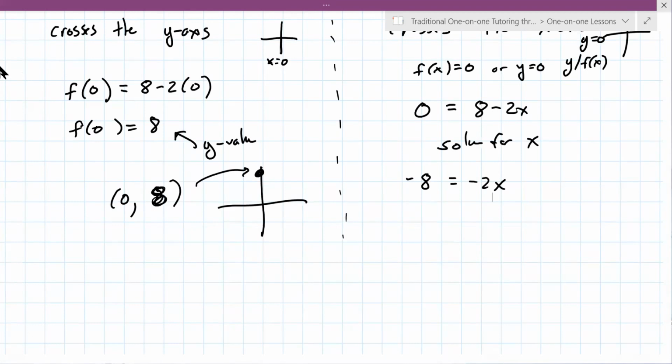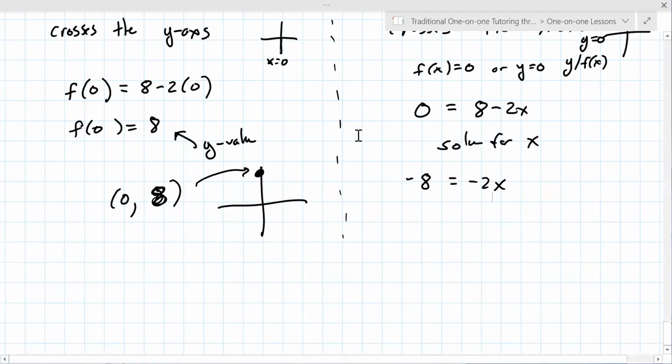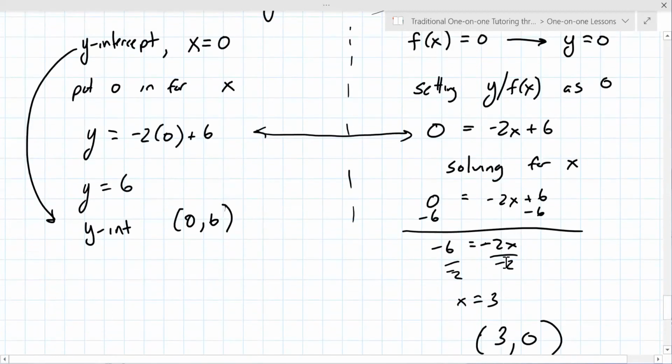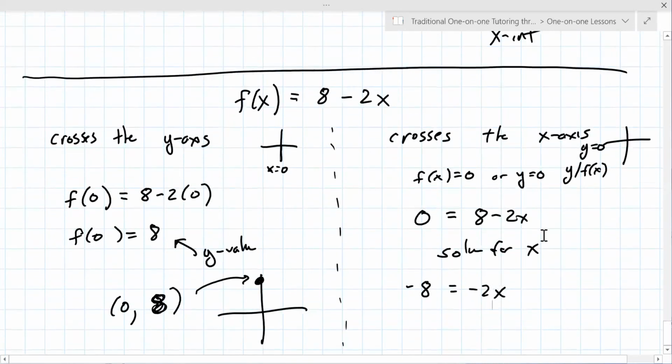Am I adding 8? Nope. You've got to undo multiplication by -2. I'm adding 2x. You don't. Let's go back here. What did you divide both sides by? -2. Right, because that's the number in front of x. You divide by whatever's in front of x. -2. Yes. So then you get 4.